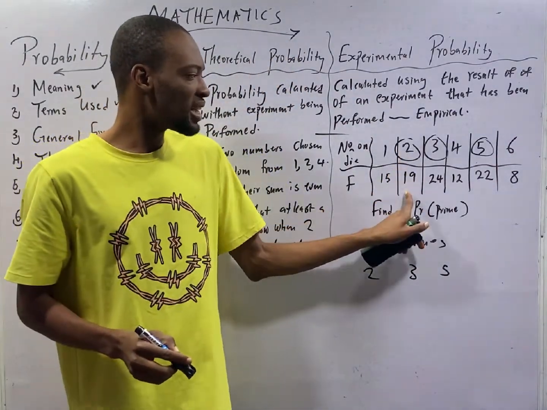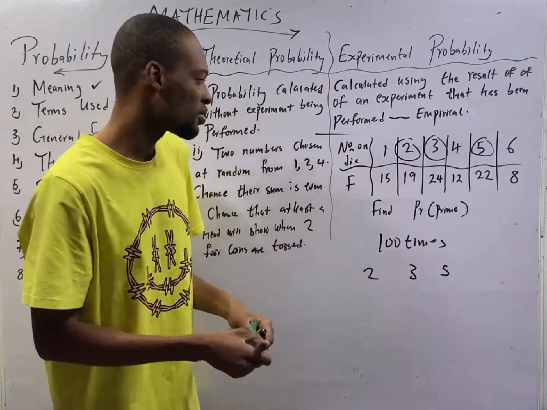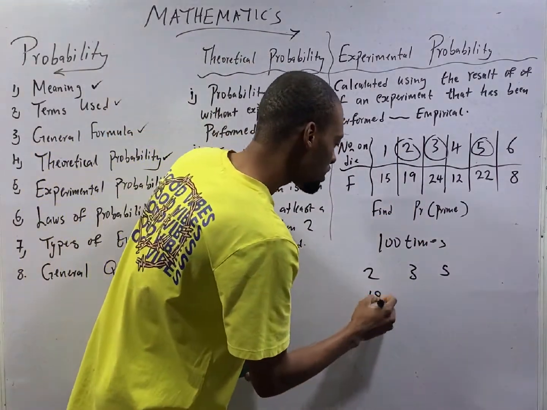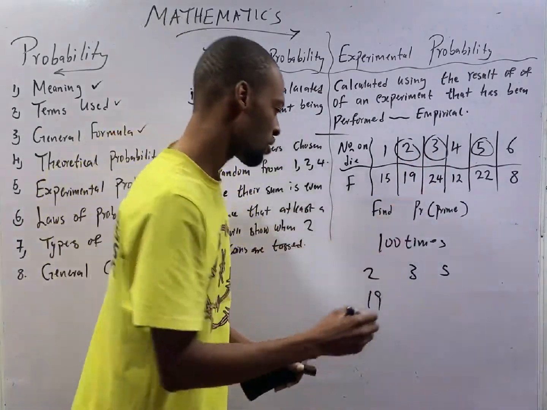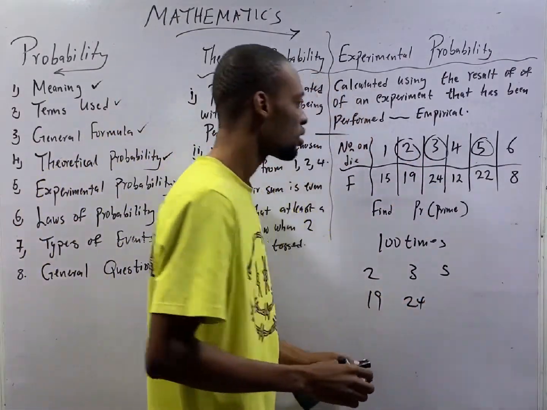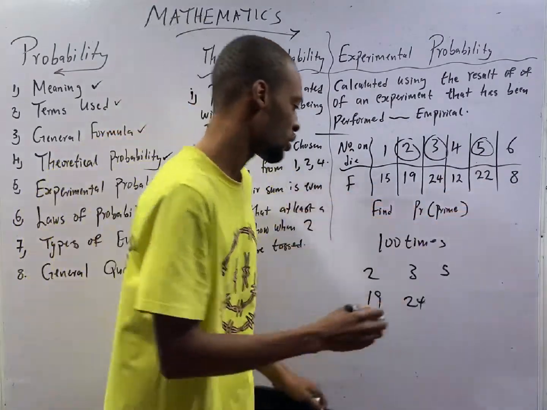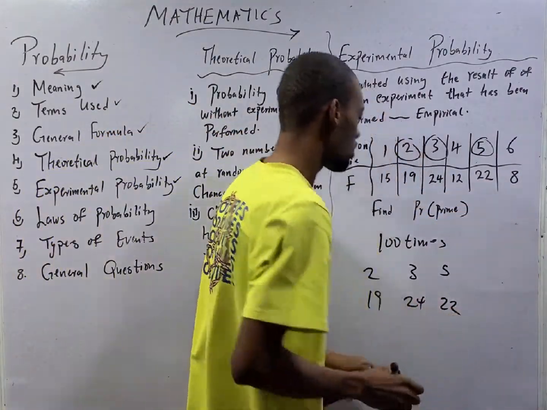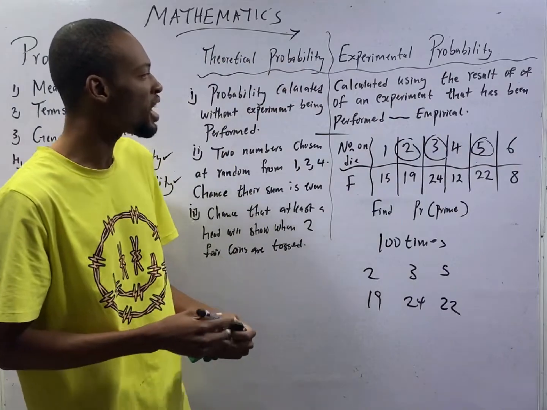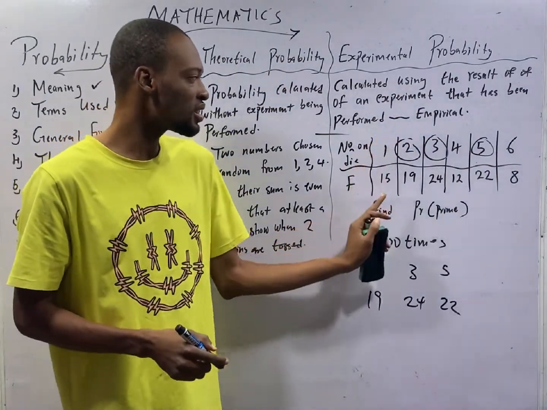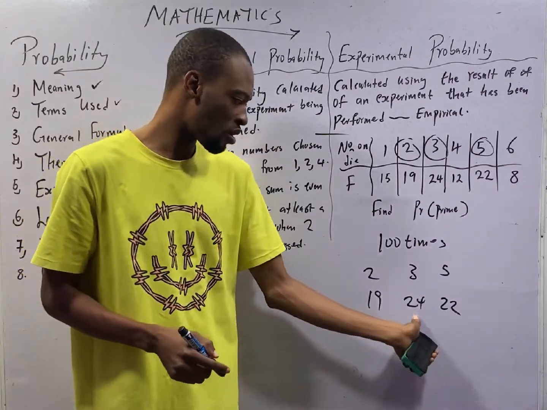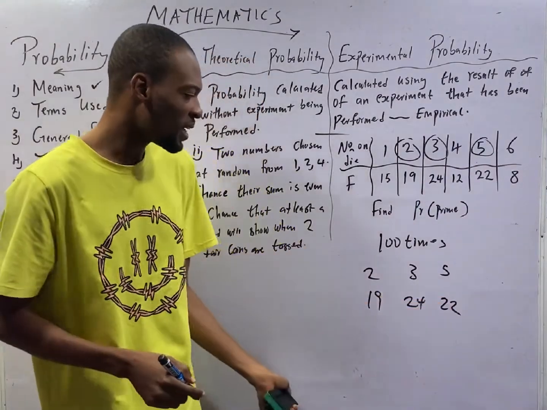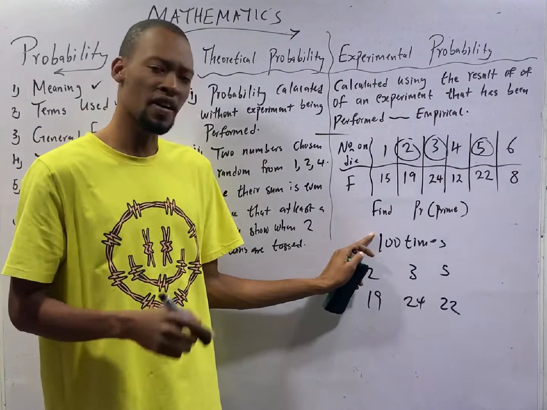2 appeared 19 times. So for the chance of getting 2, the frequency is 19. 3 appeared 24 times. So 24. Then 5, 22 times. 22. So the chance of getting a prime number in this experiment is the frequency of prime numbers, 19 plus 24 plus 22, divided by the total number of outcomes.